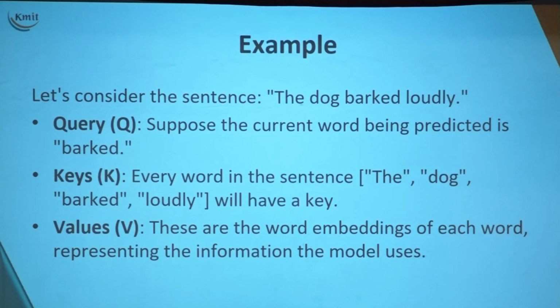And keys will be having every token in that sentence: the, dog, barked, loudly. They all will have a key. And the value will be the word embeddings of all these words. Clear enough? Concept of Q, K, V. The word that you are working on for your output is your query. All of your words or tokens are your keys. Their associated word embeddings are your values. Q, K, V.